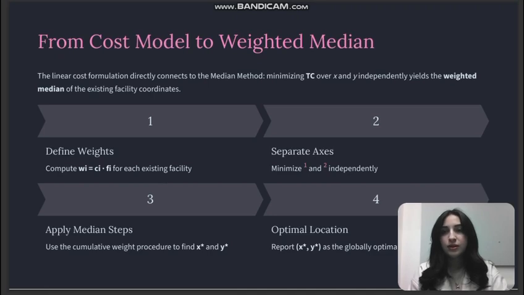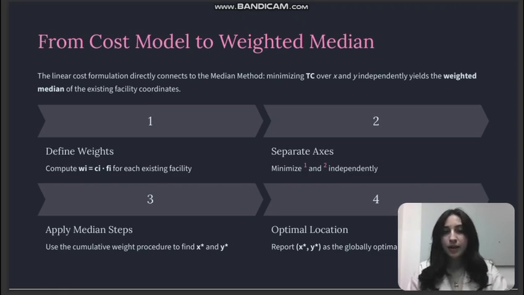From cost model to weighted median, for this transition, we have to first define weights with the formula that I mentioned. We have the product of Ci and Fi for each existing facility, which is Vi, that is the composite weight.